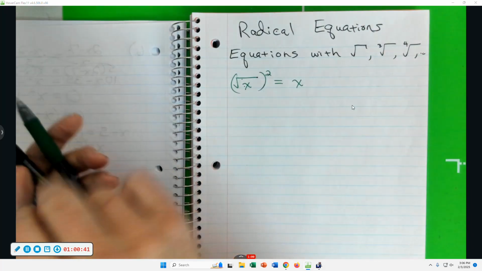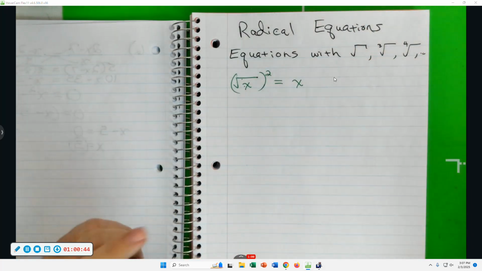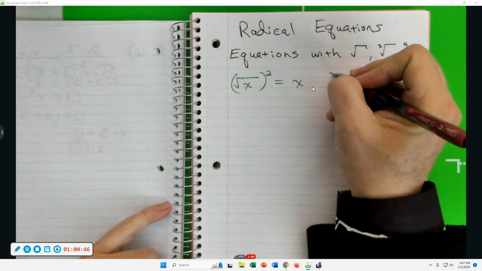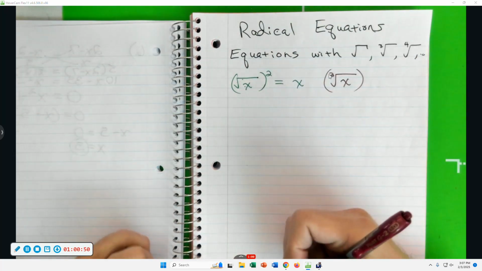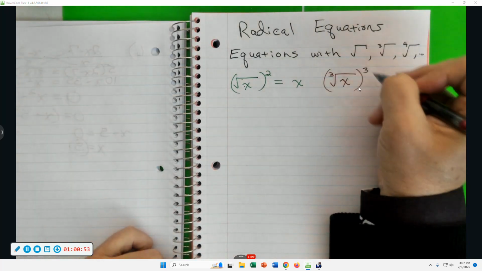Suppose we had a cube root. We couldn't just square it to get rid of it. If it's a cube root, what power do you think would eliminate it? A cube, I agree.